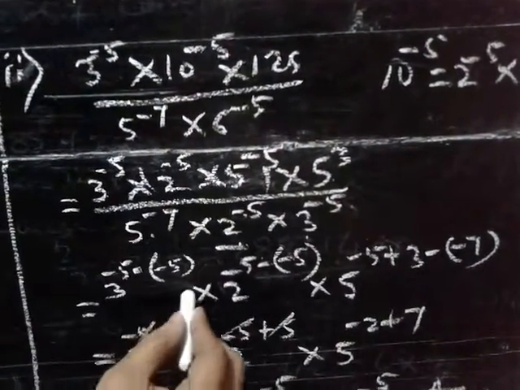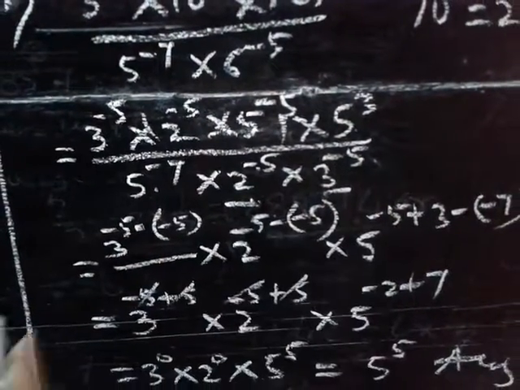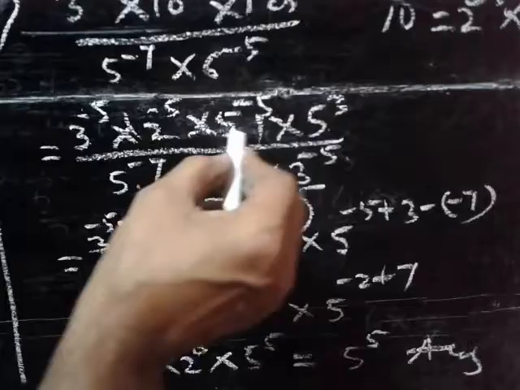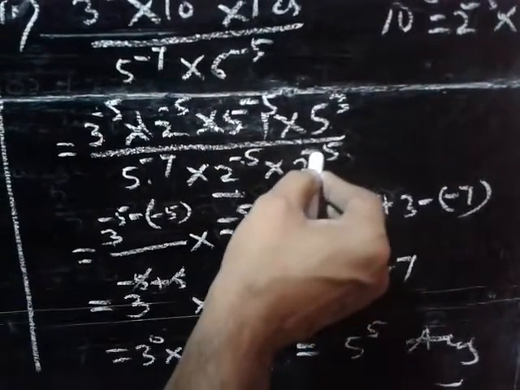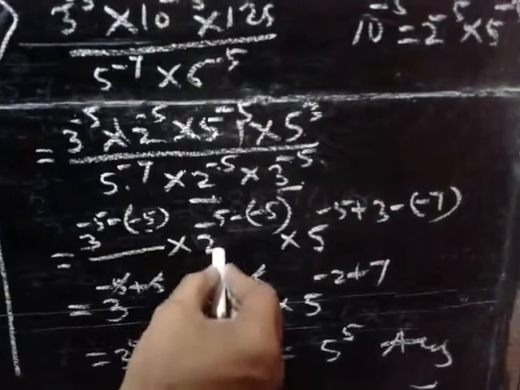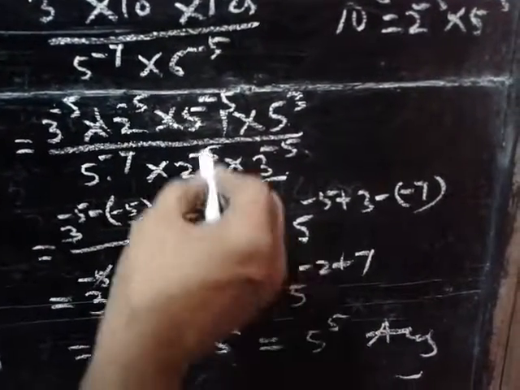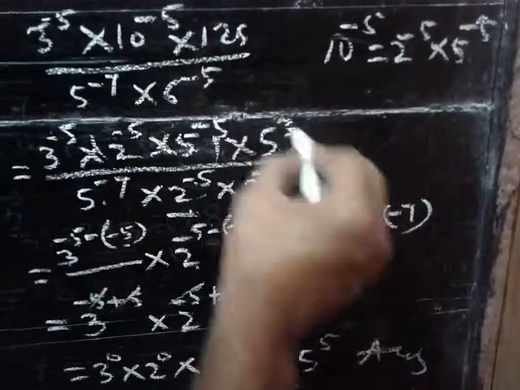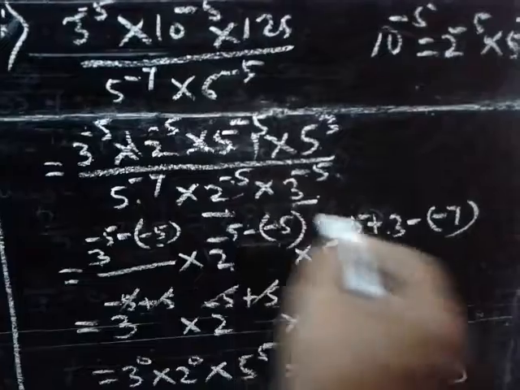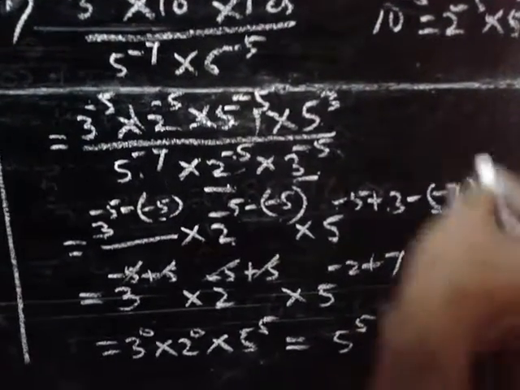Now just collect the powers of 3, that is 3 to the power minus 5 minus of minus 5. The power of 2 will be minus 5 minus of minus 5. And for 5, the power is minus 5 here, plus 3 because this is into, and whenever it is divide, this is minus of minus 7.